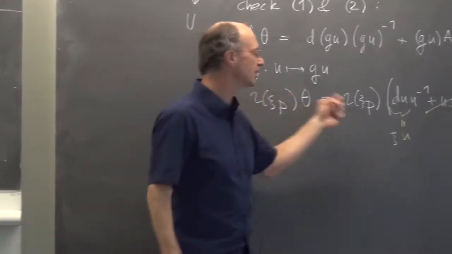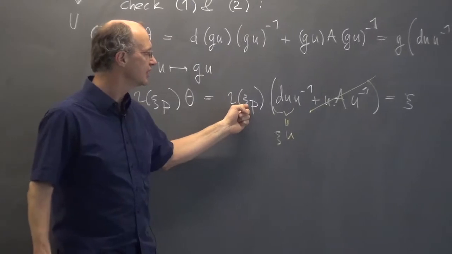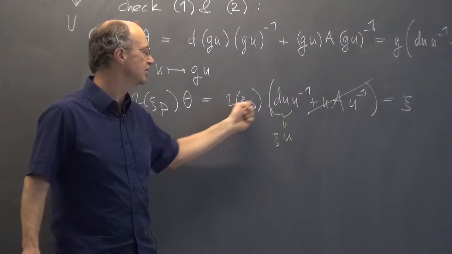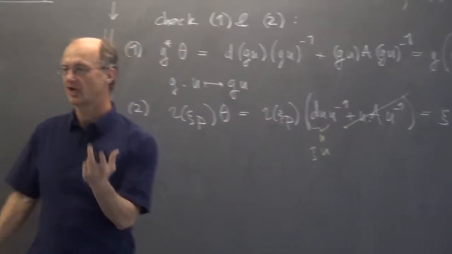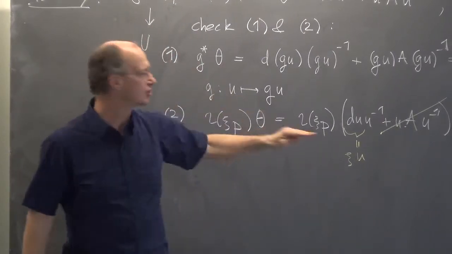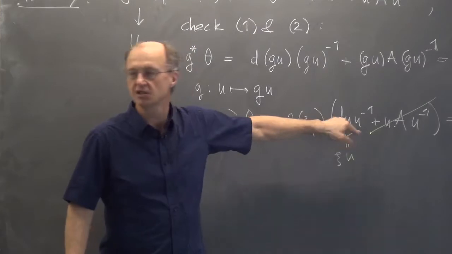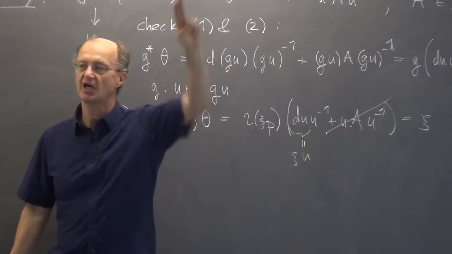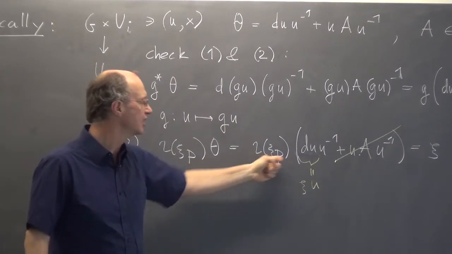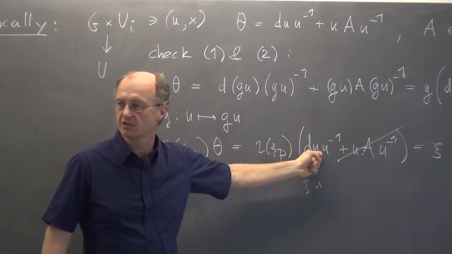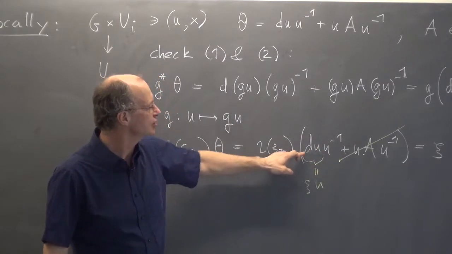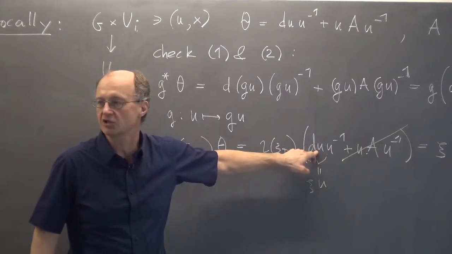Now, if you are thinking more geometrically, you're taking a contraction of your vector field with the differential of the group element, and this guy is sitting in the cotangent fiber at U. So you are contracting there, and you're obtaining something which is shifted by U to this cotangent fiber.